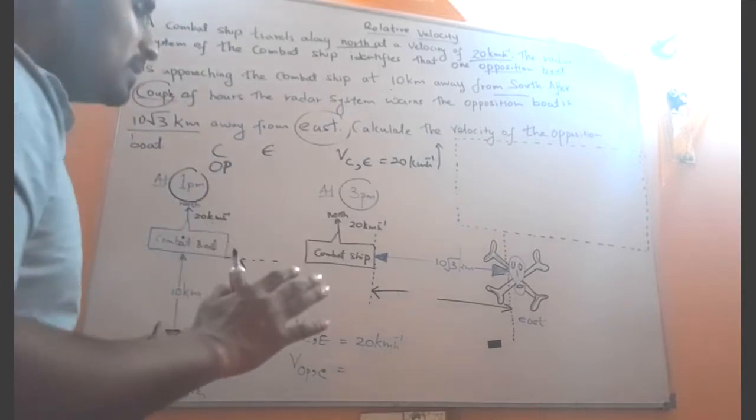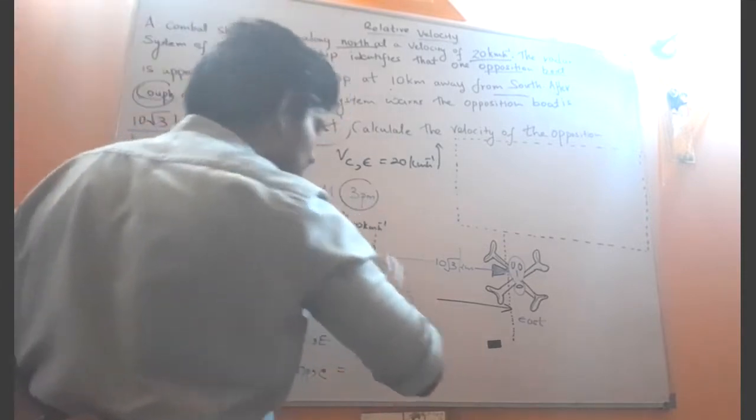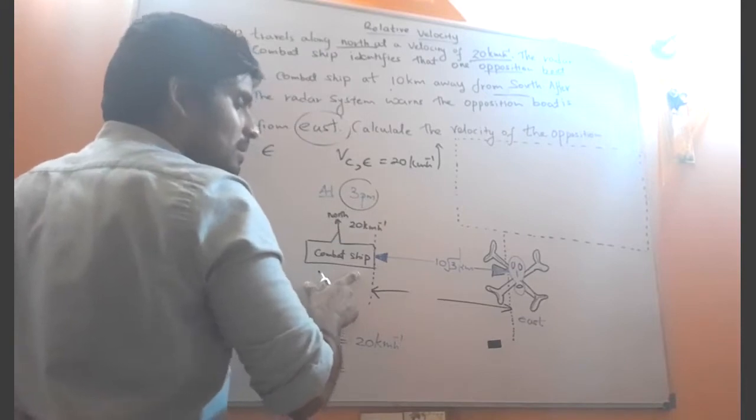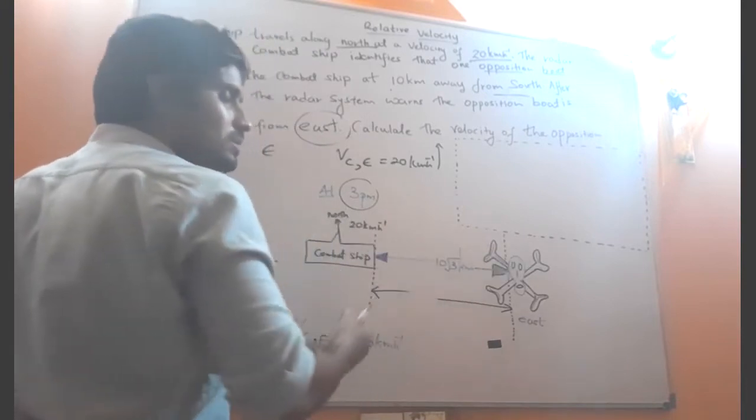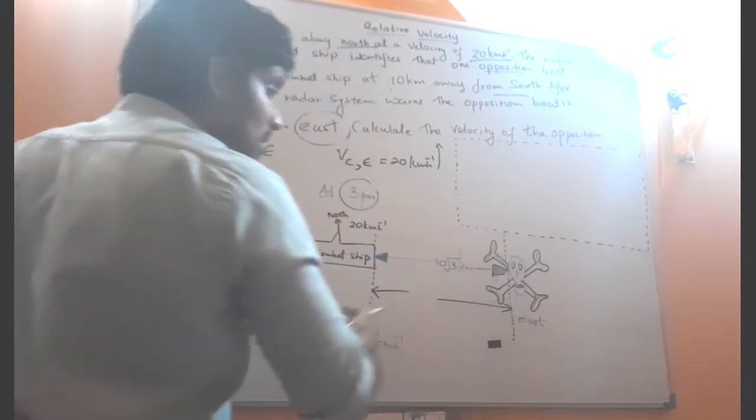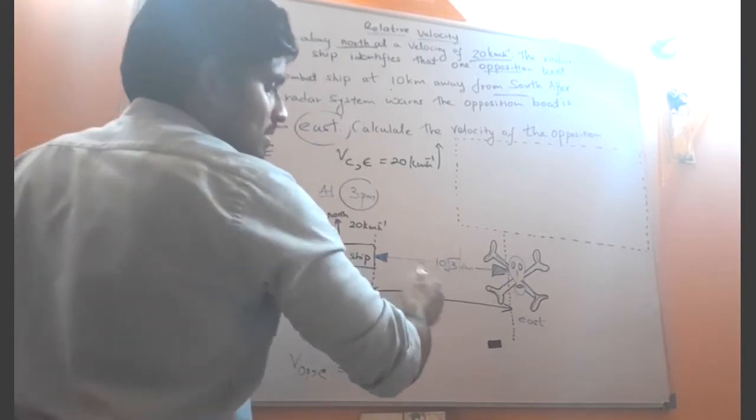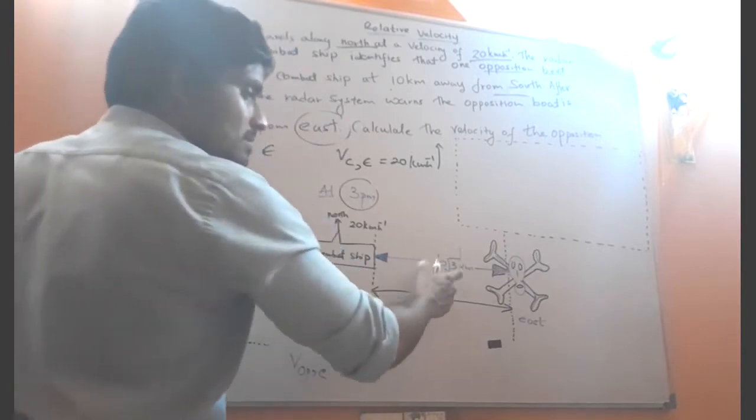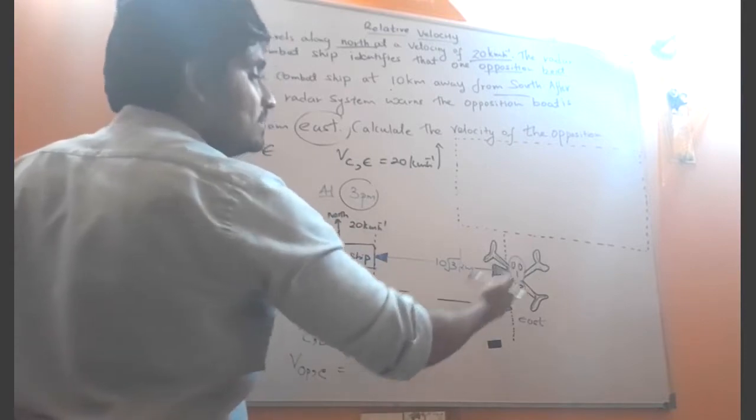No issue with it. But now the radar system of the combat ship detects that the enemy's ship, or the opposition boat, is at a distance of 10 root 3 kilometers towards the east side.